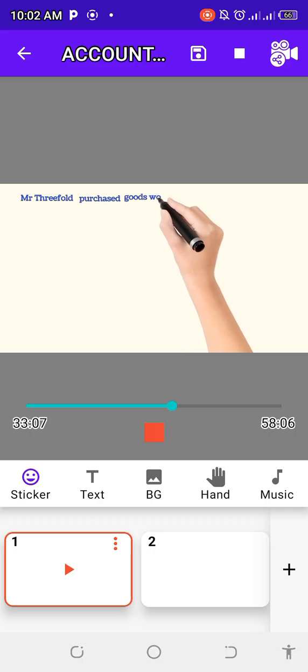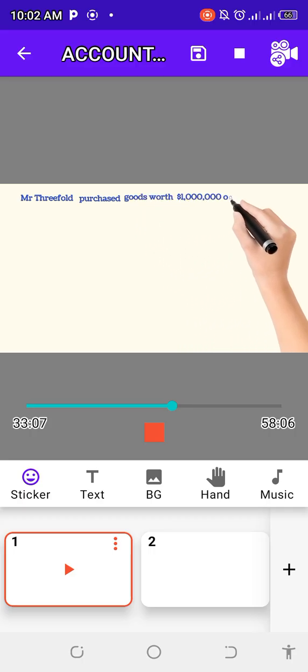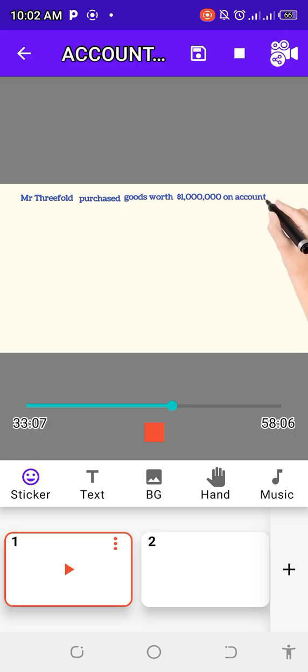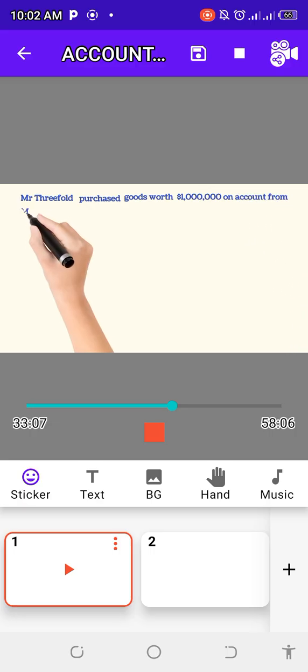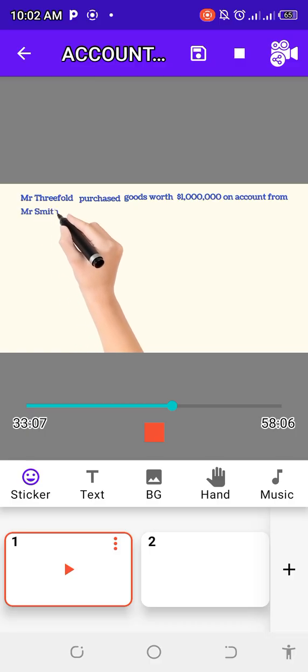This is another example. Mr. Threefold purchased goods worth 1 million naira on account from Mr. Smith. Now, when you hear that somebody purchased goods on account, it means the goods are purchased on credit.